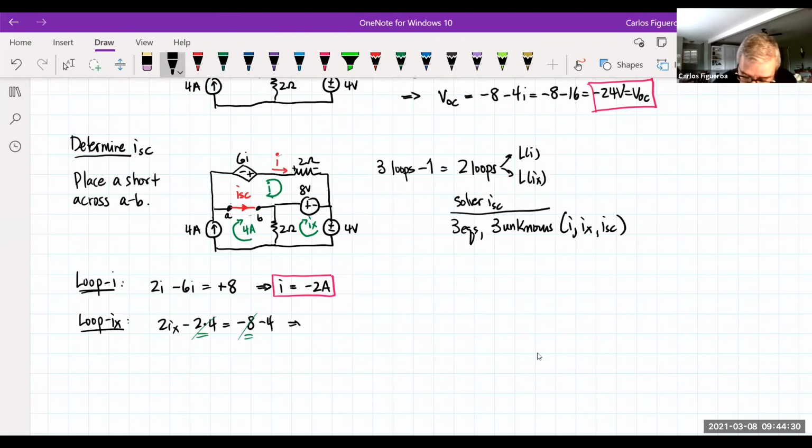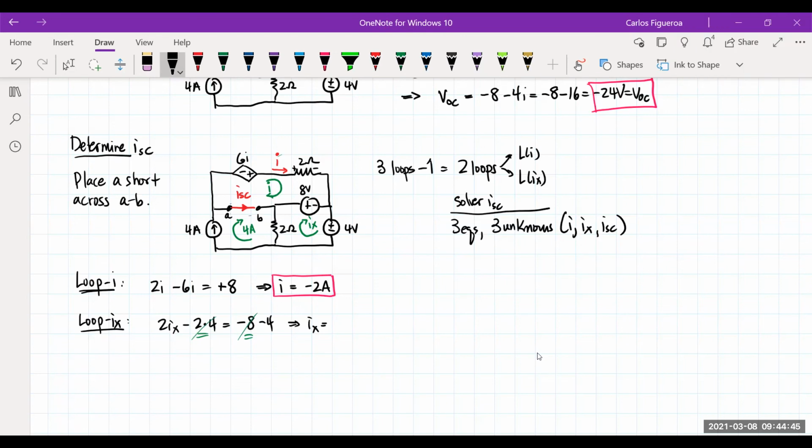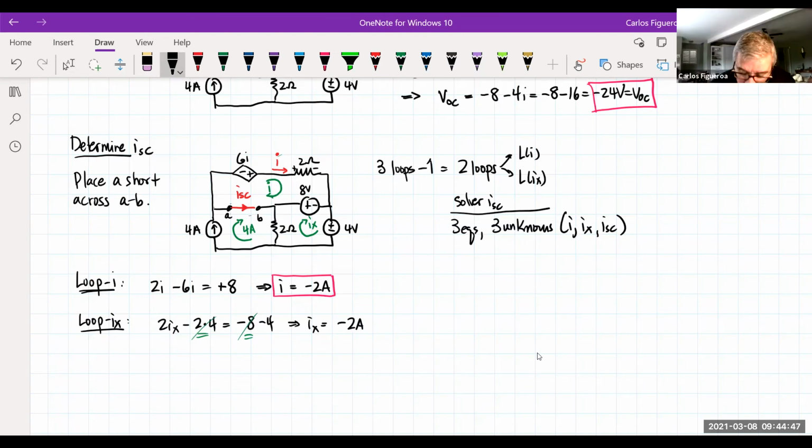So this tells me that IX, in this case, is going to be minus 2. Is that right? Let's make sure. I'm going to get minus 2A for IX. Can that be right? Yeah, I mean, I actually don't even have to calculate that.